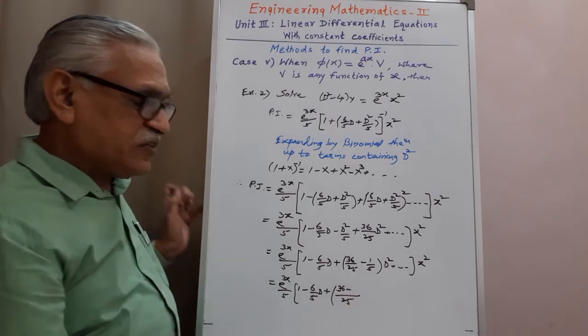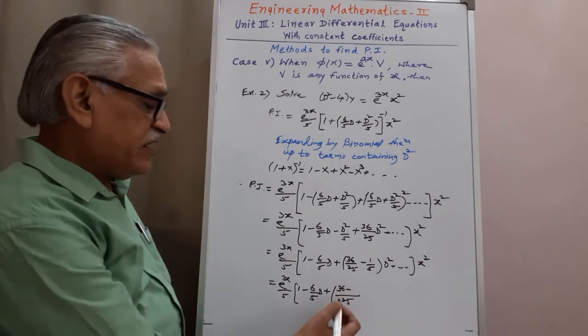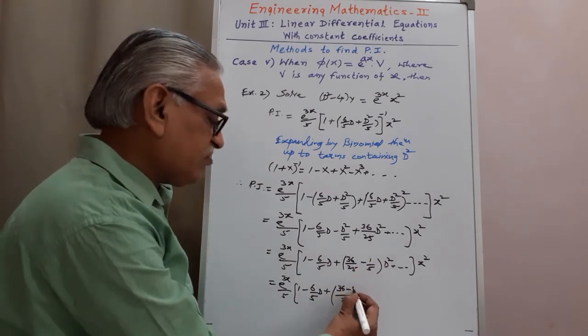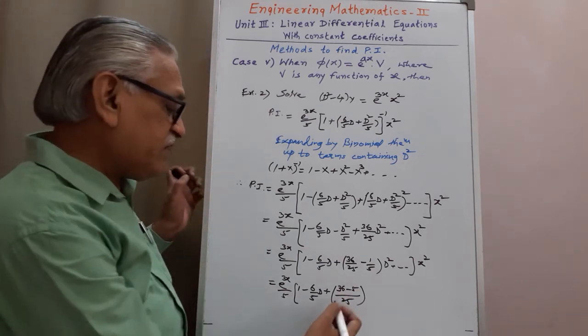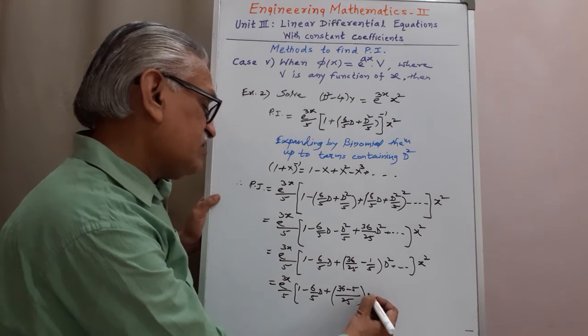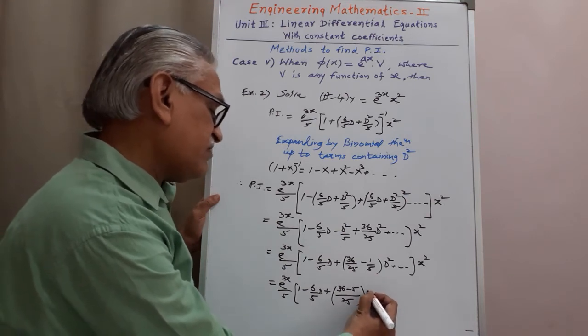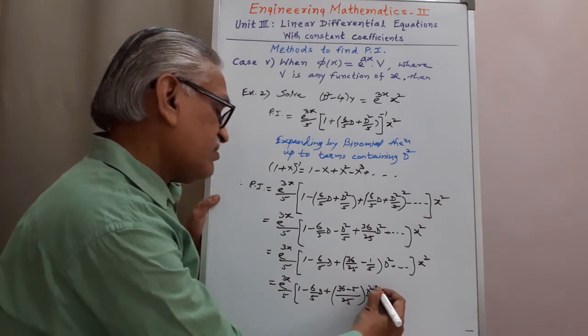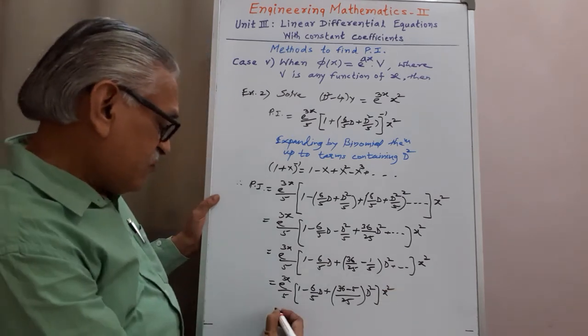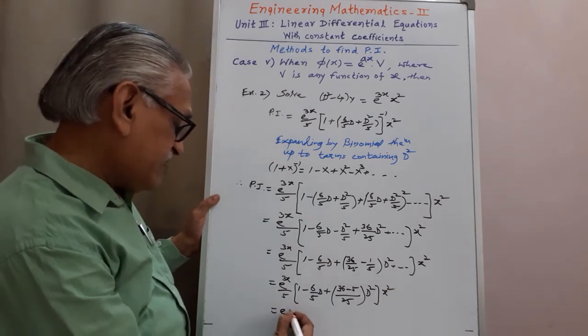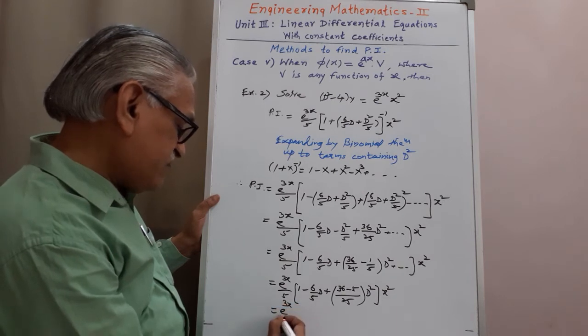Then 25 divided by 5 is 5, and 5 into 1 we get 5. Therefore it is (36 minus 5) divided by 25 D square, operated on x square.